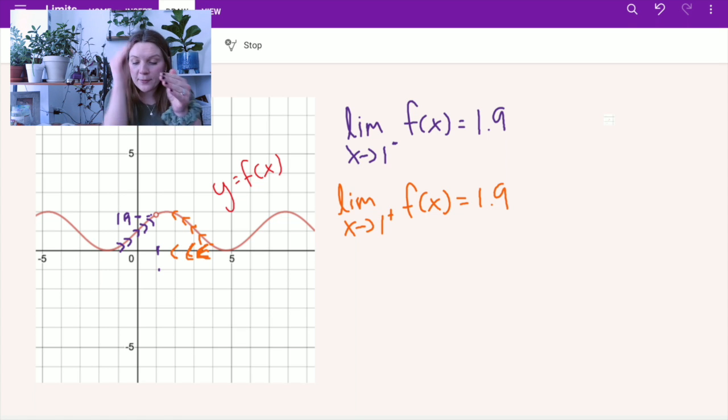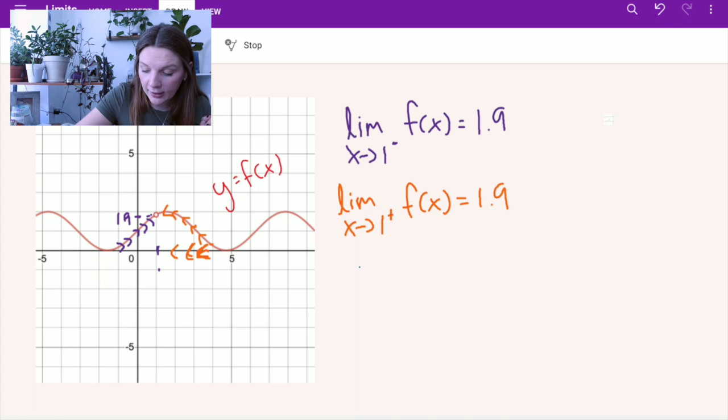You see they're lining up even though there is a hole there. But the closer and closer I get, that hole is infinitely small. So I can get as close to that hole as I want without actually falling into it, unless I choose x to be a, which we're not going to do.